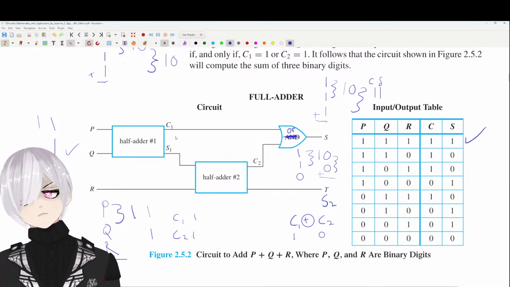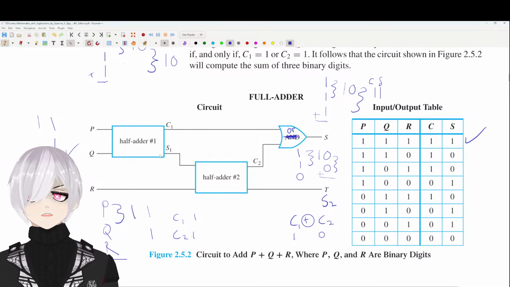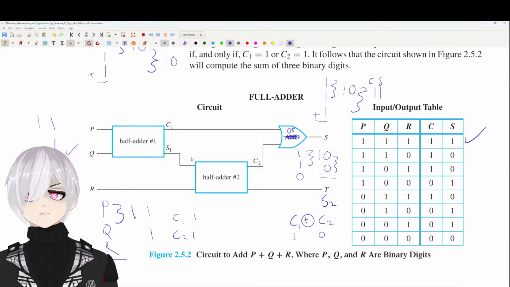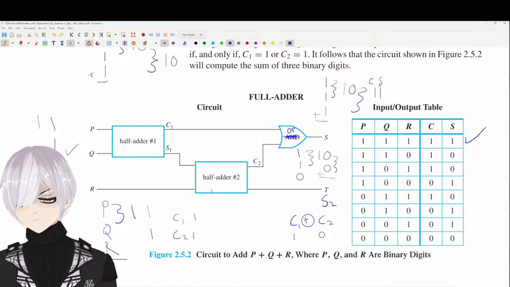I feel an urge to remember over and over again how exactly it works. So I know it adds 3 numbers, and it does that by adding the first 2 numbers to get your C1 and S1, then adding R to S1 to get C2 and S2, and then the XOR gate on the C1 and the C2 to get the final C. And the final S is whatever S2 is, right?